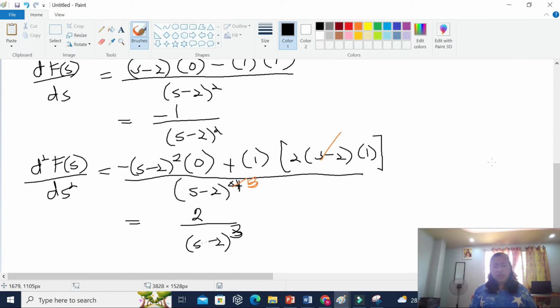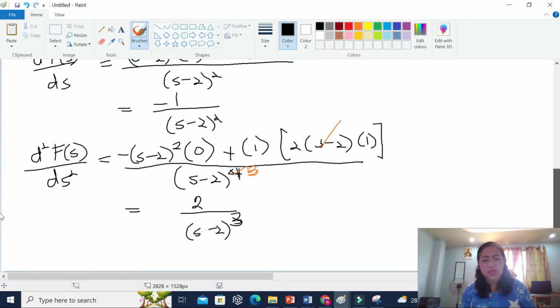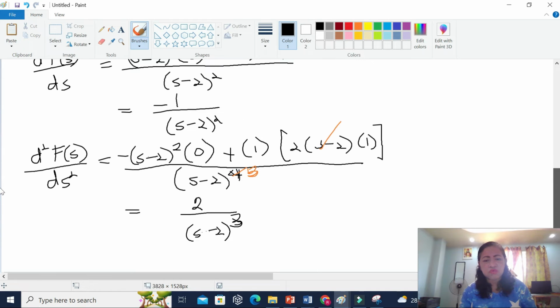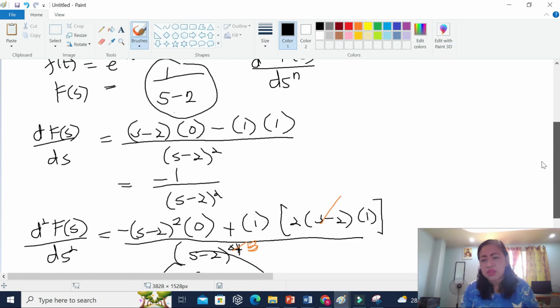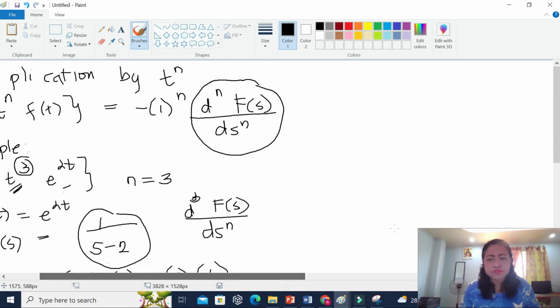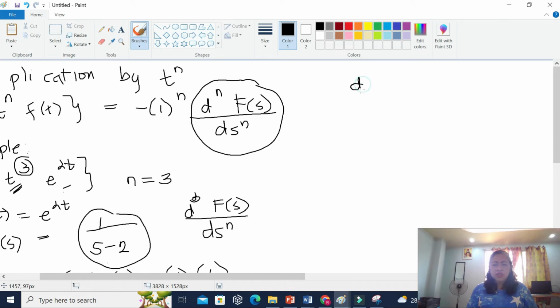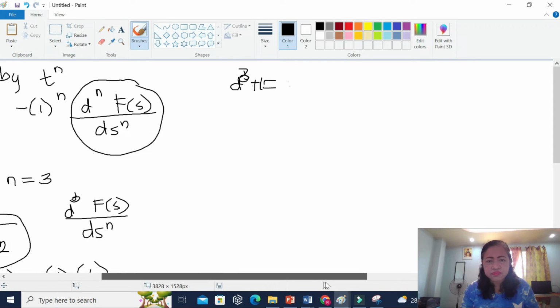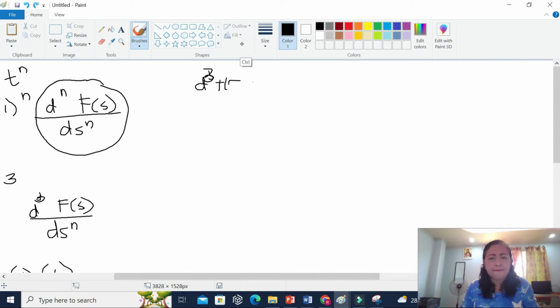Next, we still have to derive this one. So, this 2 over s minus 2 cubed, we derive it again. So, the third derivative of the function of s with respect to s.